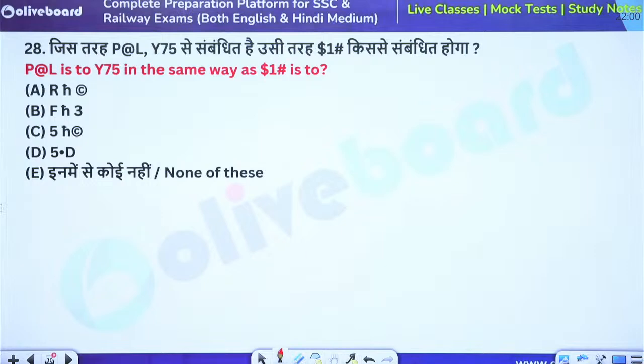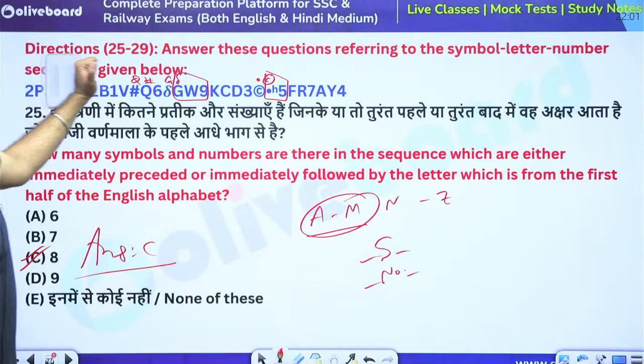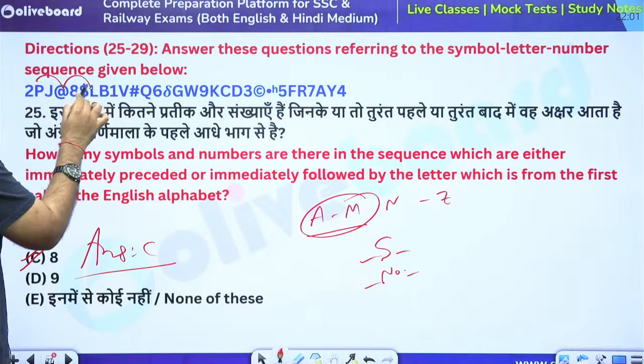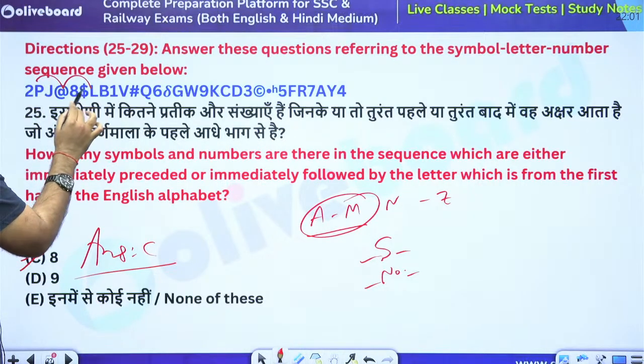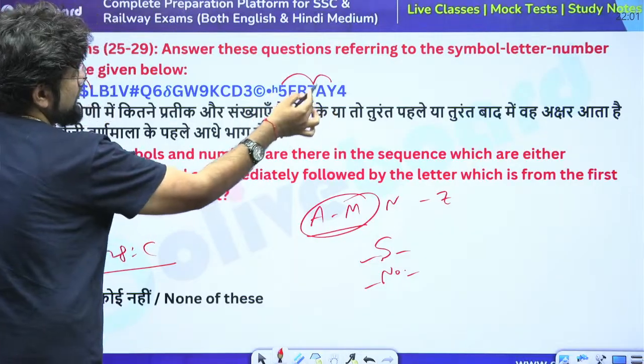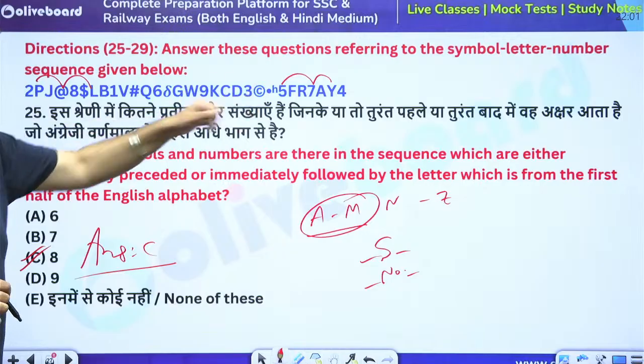P at the rate L is to Y75 in the same way as $1 hash is to. So P at the rate L, Y75. So plus gap of 1, gap of 2, and in return gap of 1, gap of 2. So first letter from here, first letter from there.